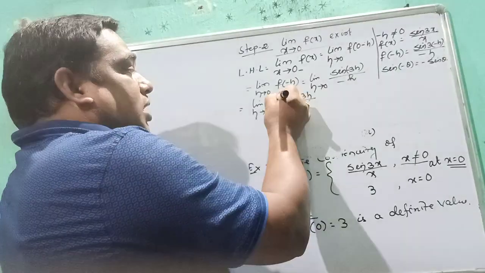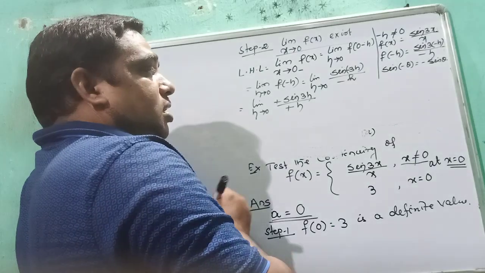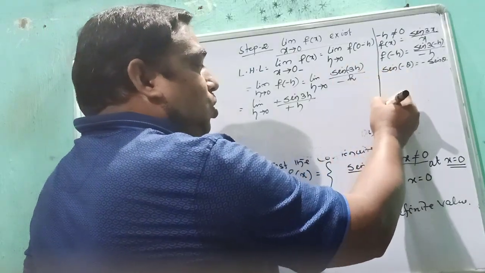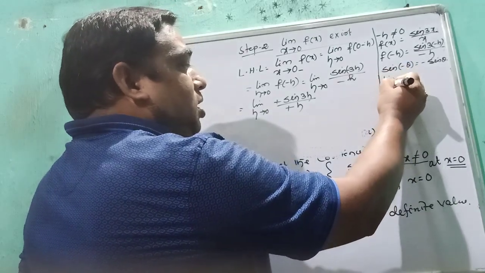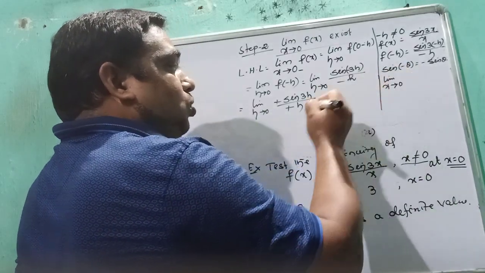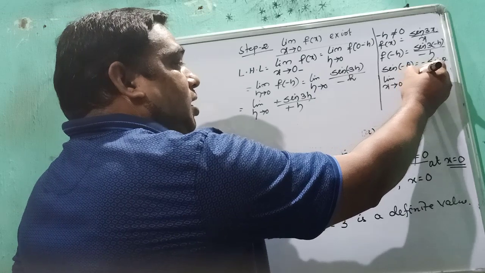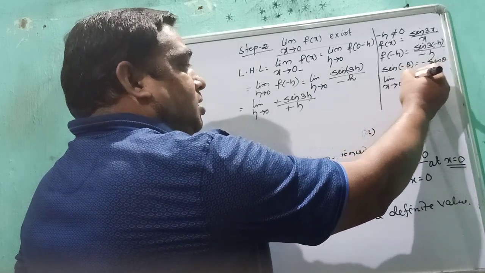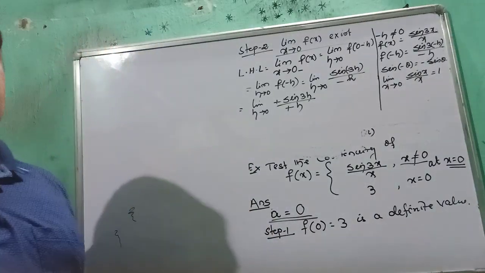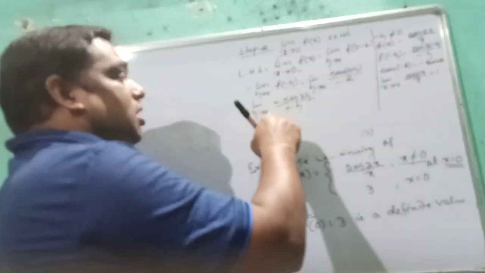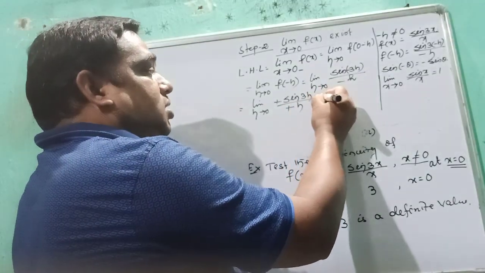Now the minus signs cancel. Again, you already know a formula in limits: limit x tends to 0 of sin x by x is equal to 1. So limit h tends to 0 of sin 3h by h is given.